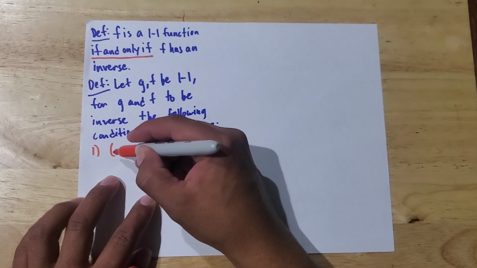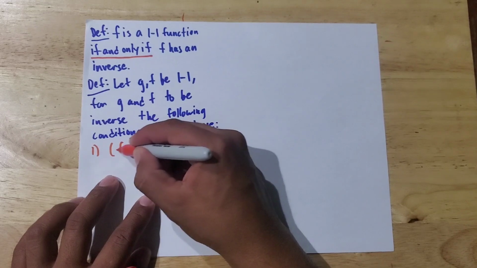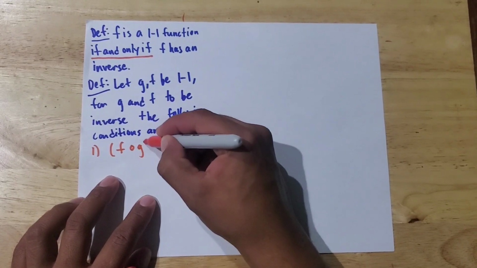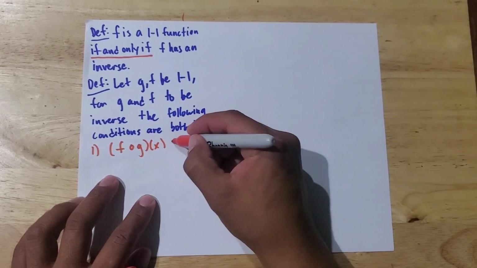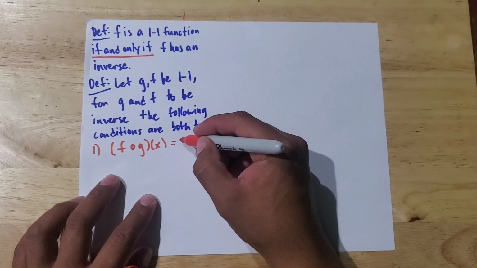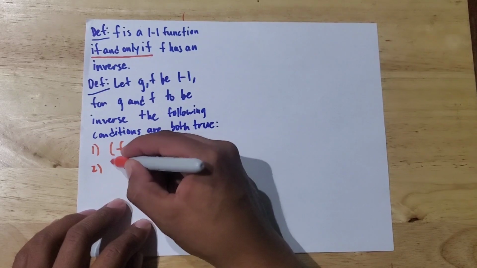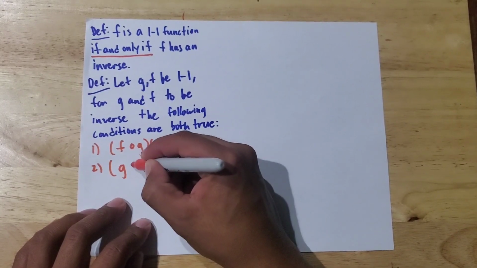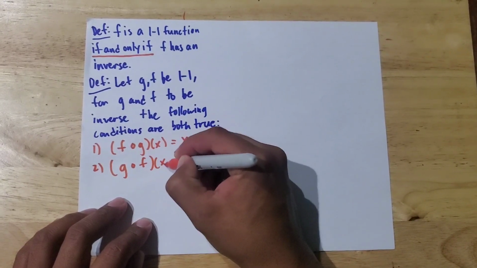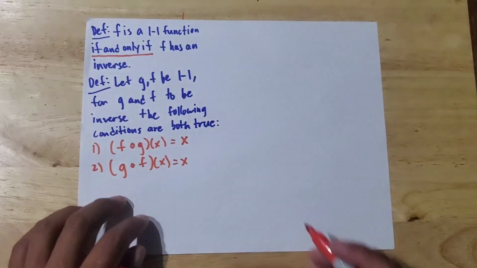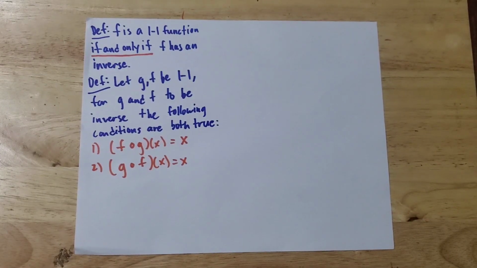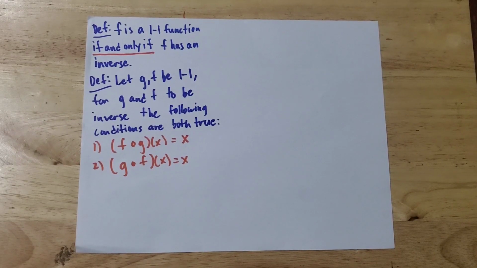So you have to take f, compose it with g, and once it simplifies, you want to make sure it simplifies to x. And then you have to do it in the other direction, g composed with f, and it has to simplify to x. And this is just to verify if two functions are inverses of each other.